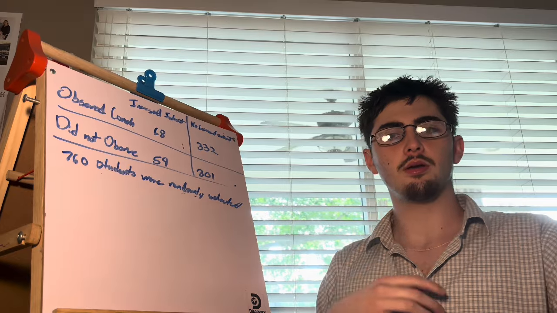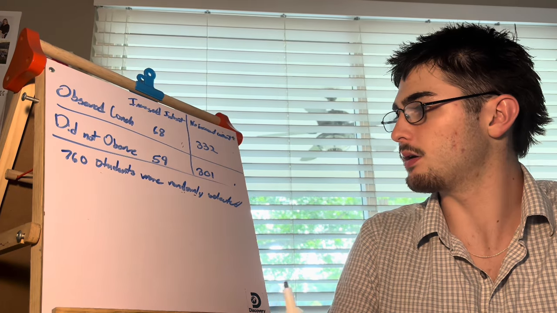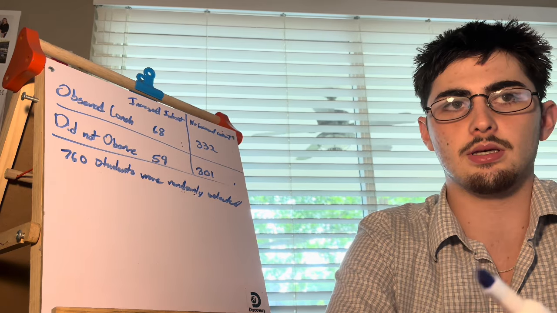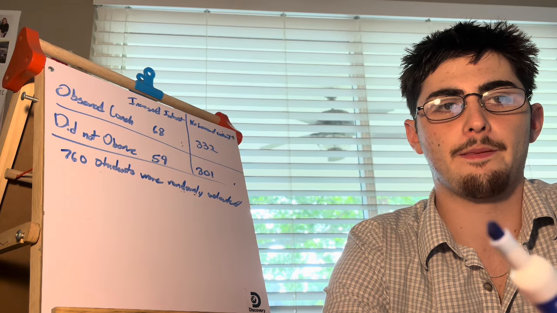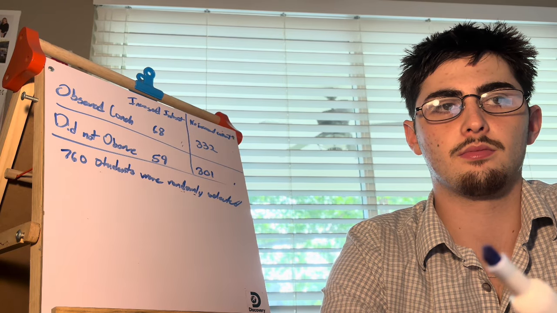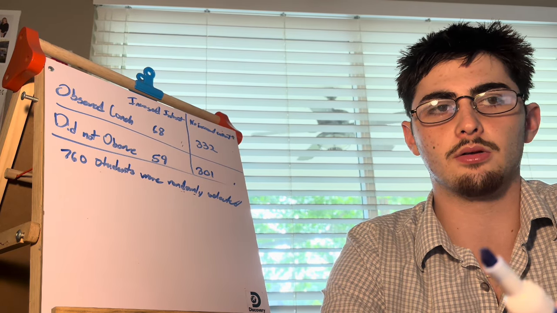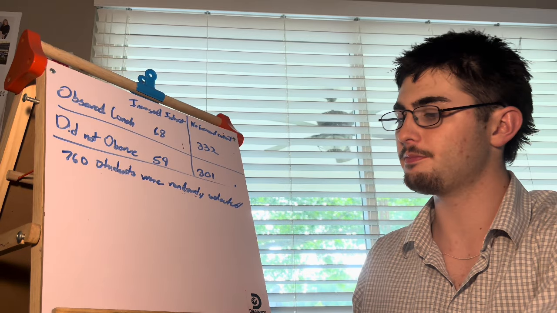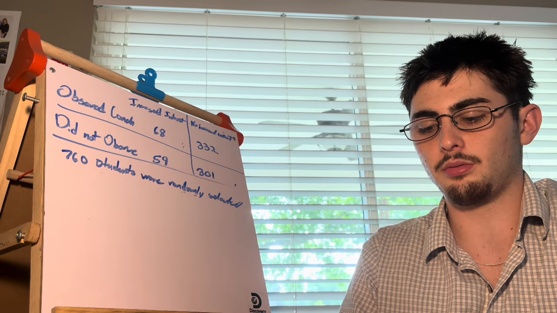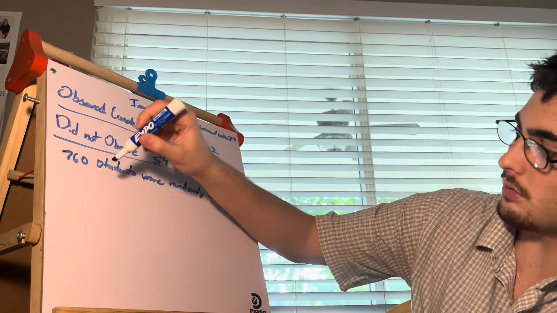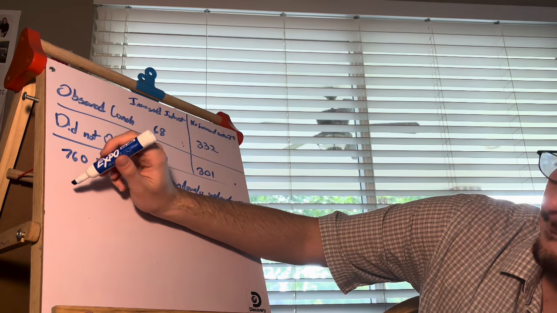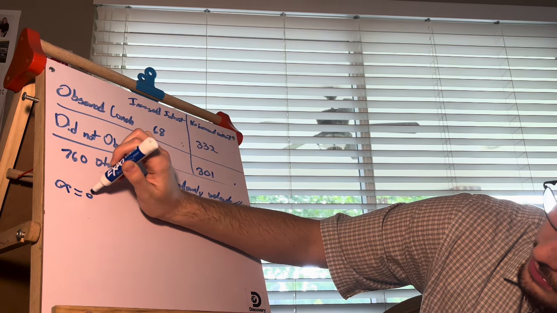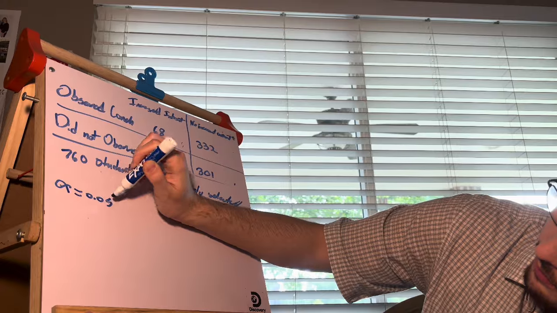Okay, the last and final step of this FRQ is the conclusion. So for the end, remember what we need: alpha is equal to 0.05.